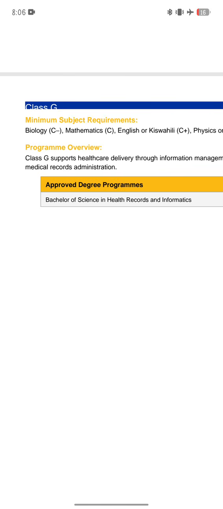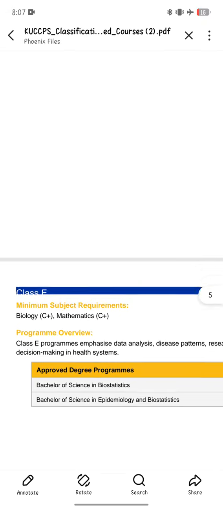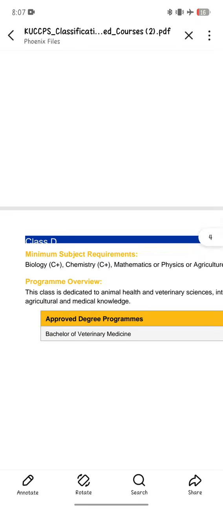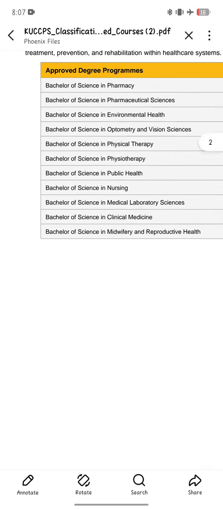So definitely that is what this field of medicine and health related courses comprises of. 8 classes from class A to class G, and those are the courses and subject requirements under those classes.